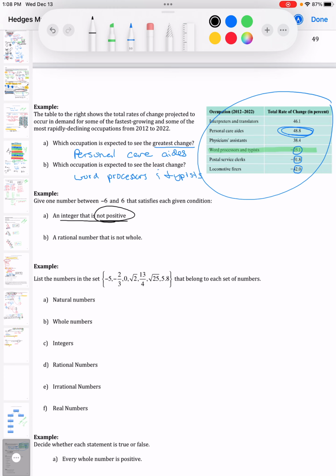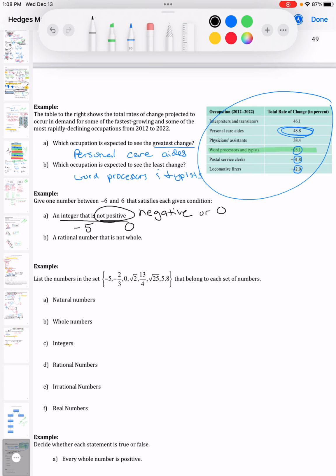If you're not positive, then you are negative, or technically you could be 0. 0 is also not positive. So I could pick a negative integer, maybe -5. You also could pick 0. We can't have decimals or fractions, because those aren't integers. Remember, the integers are all the natural numbers, their inverses, and also 0.